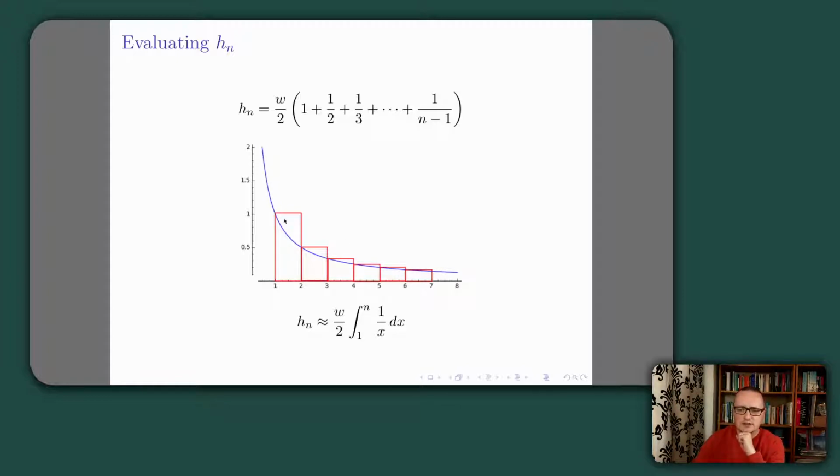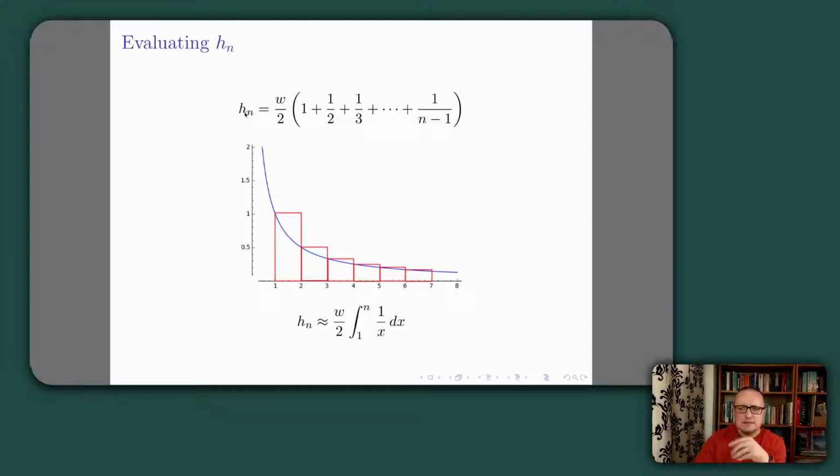This blue curve here is the graph of 1 over x. And adding up 1 plus a half plus a third all the way to 1 over n minus 1, you can see from the graph that it's approximately equal to the integral of the function 1 over x from 1 up to n. Because this last block extends from n minus 1 on the left edge to n on the right edge.